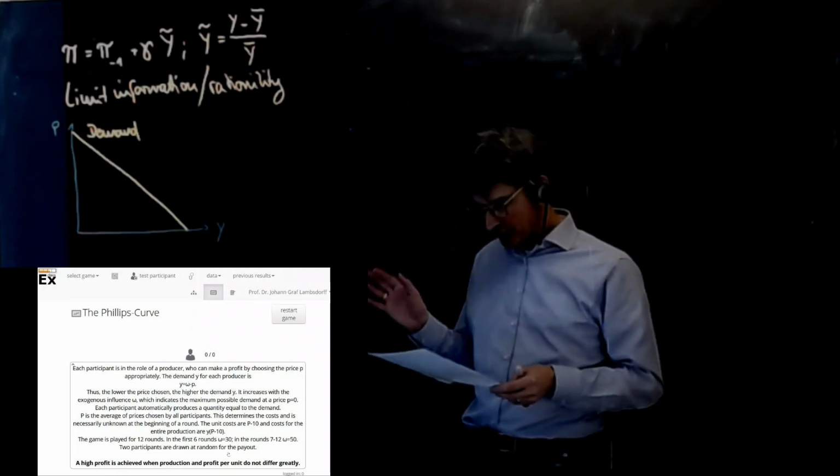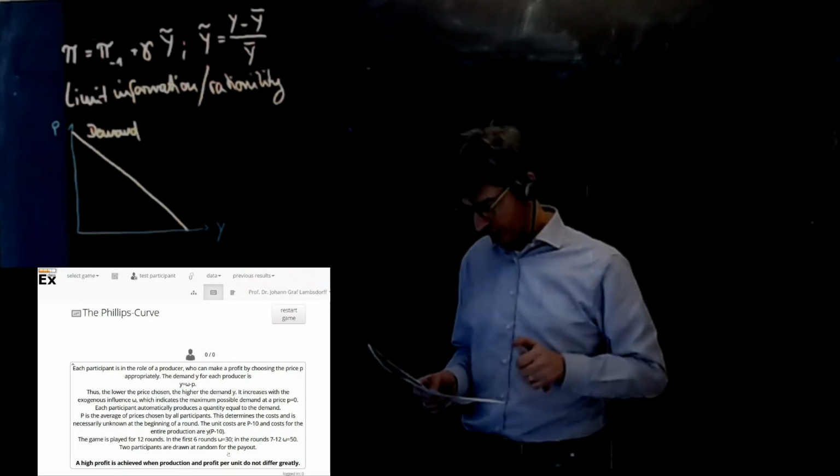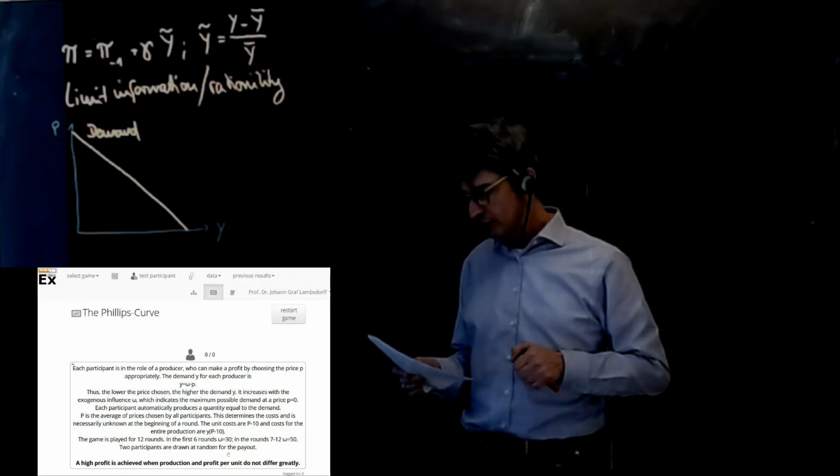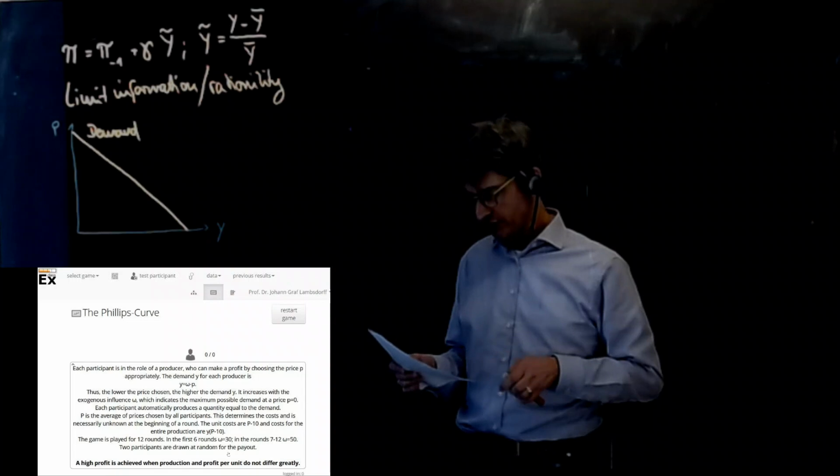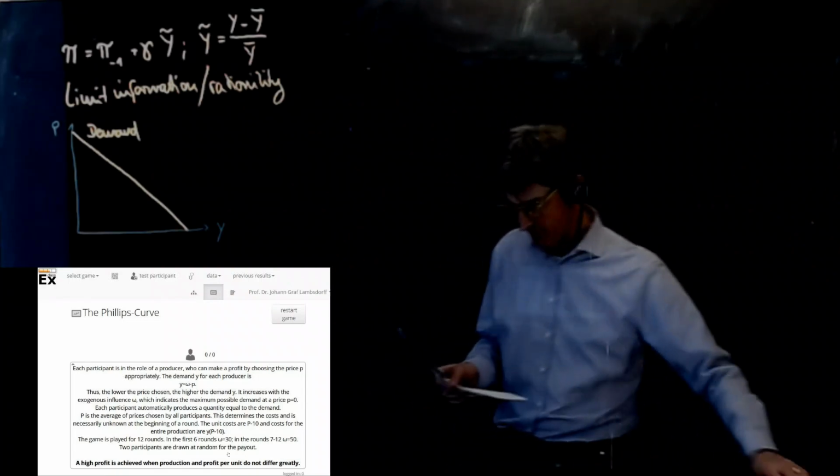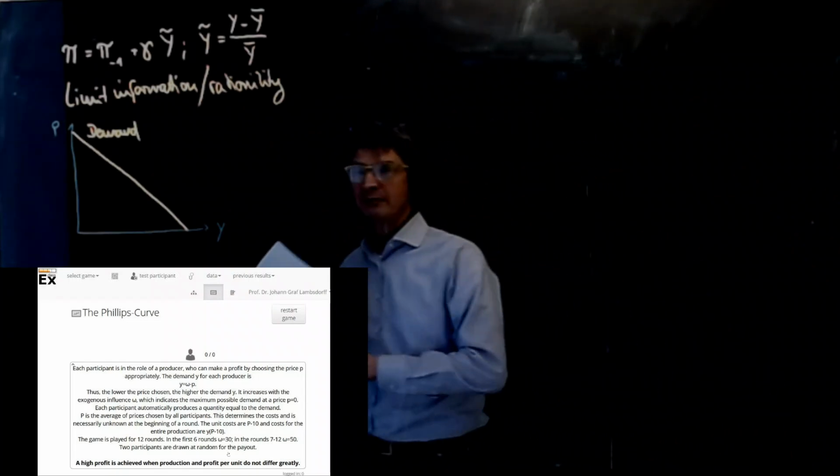So the capital P determines the costs and is necessarily unknown at the beginning of a round. The unit costs are capital P minus 10. So here, these are the costs.